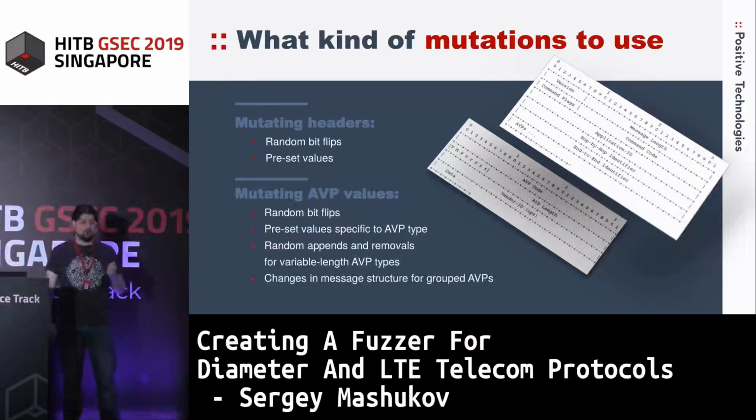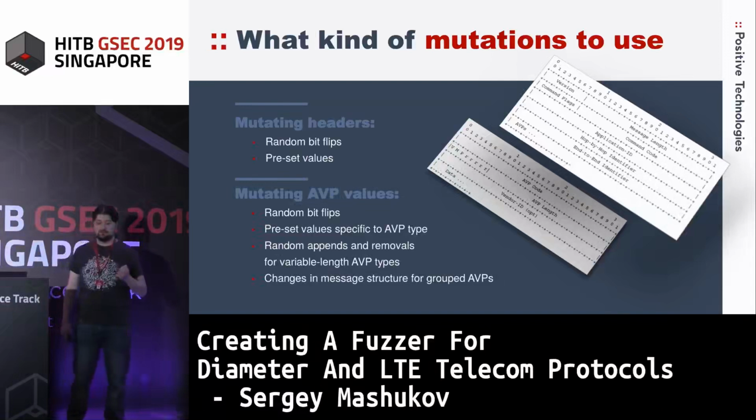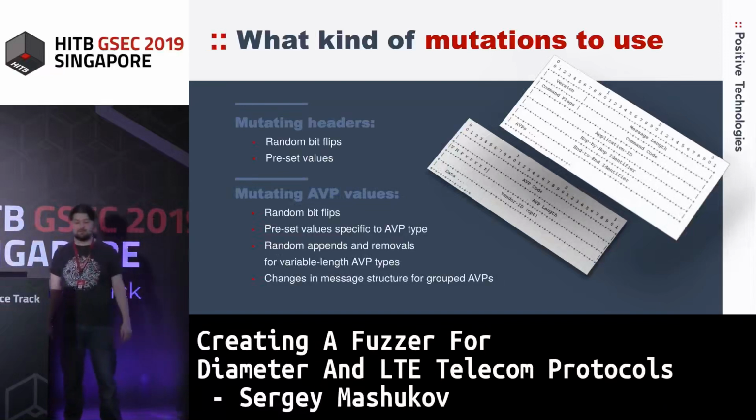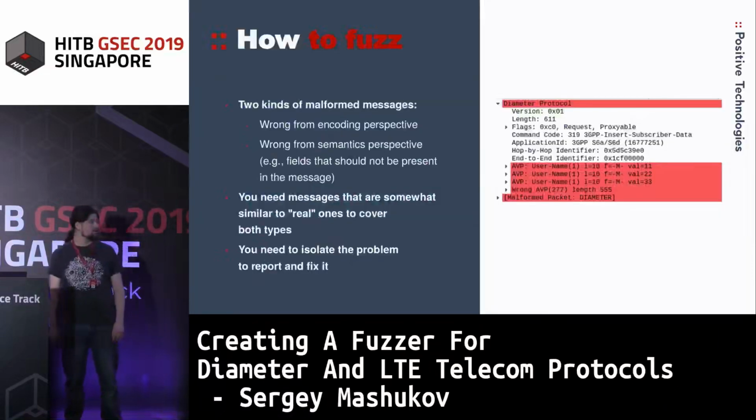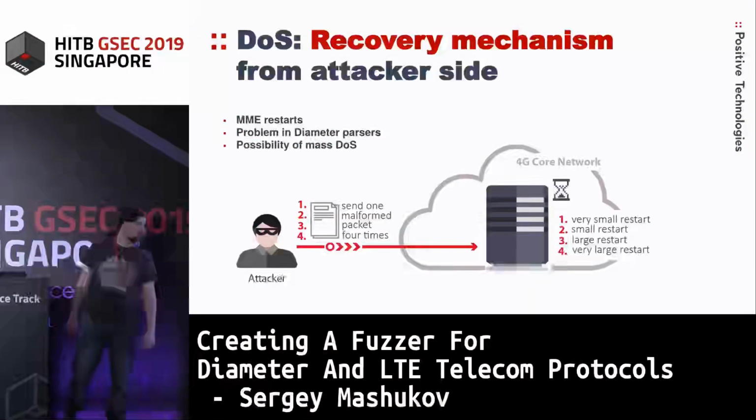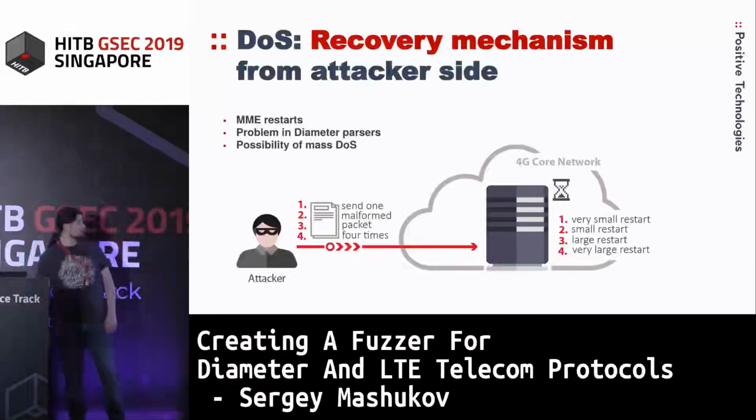When we are working with AVP values, since AVPs may be of different length, you can do random appends and removals. You also may change the structure of AVPs, like with these several username AVPs. And surprisingly, such a simple fuzzer works on real equipment.